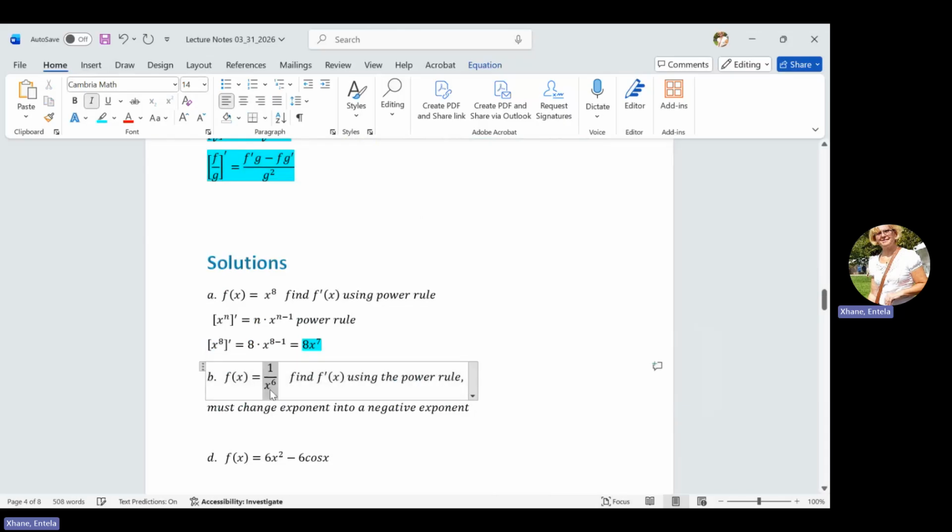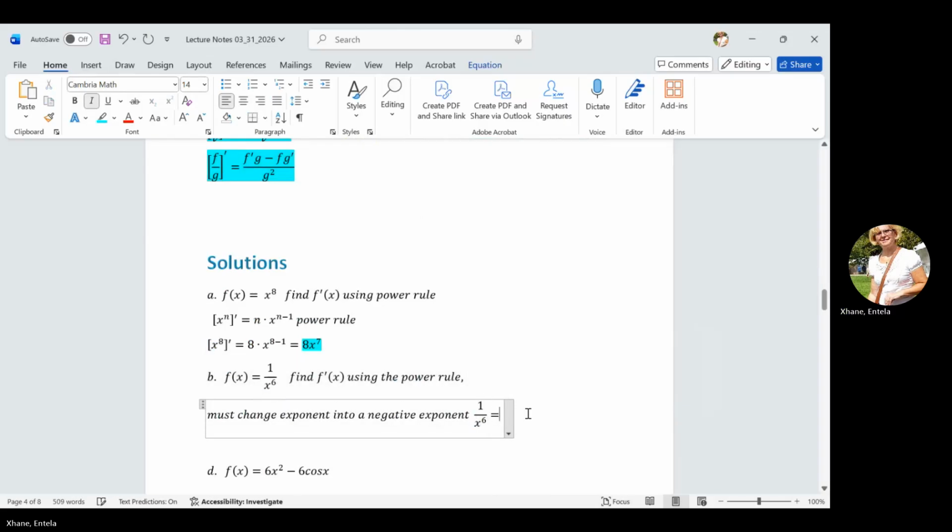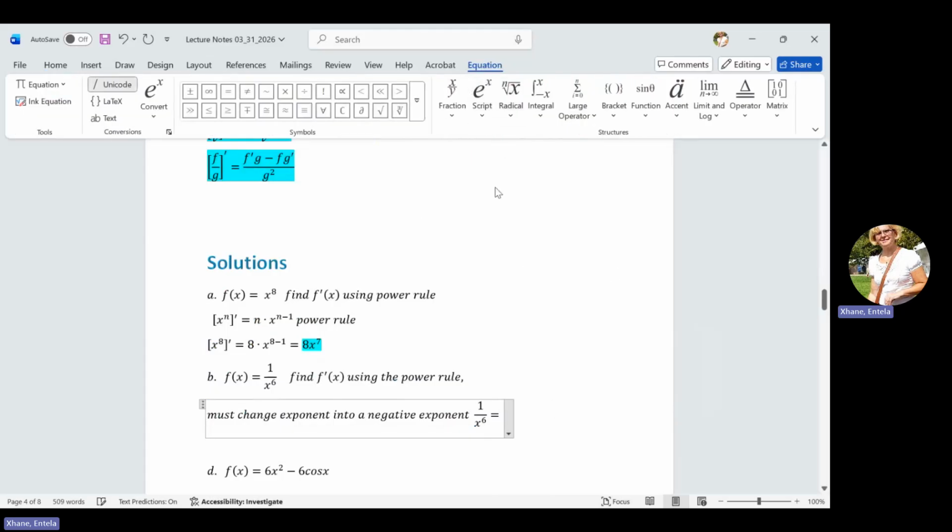So I have to take this. This requires your algebraic skills. You have an exponent in the denominator, so that becomes your x to the power -6. Without changing this into a negative exponent, you're not going to be able to use the power rule.